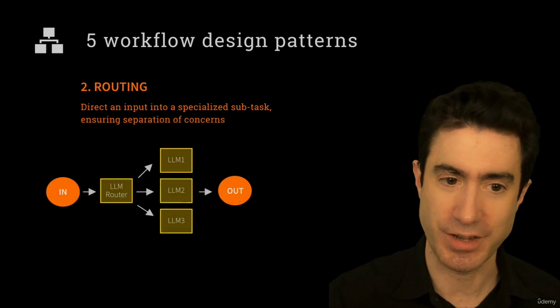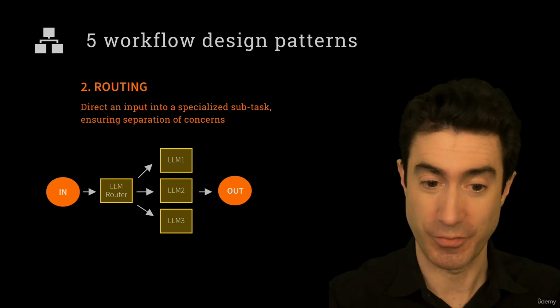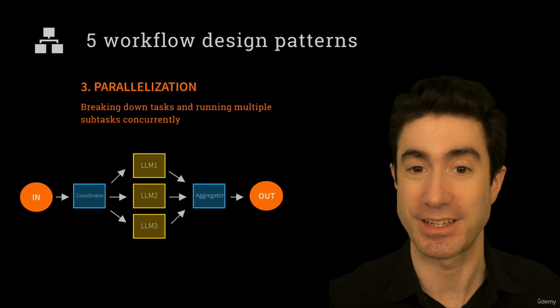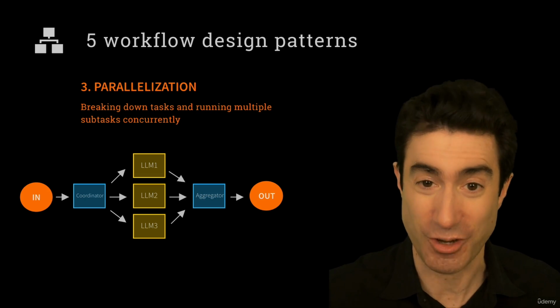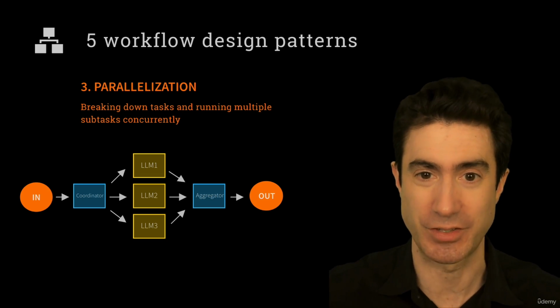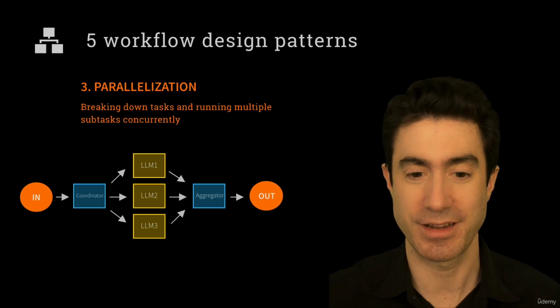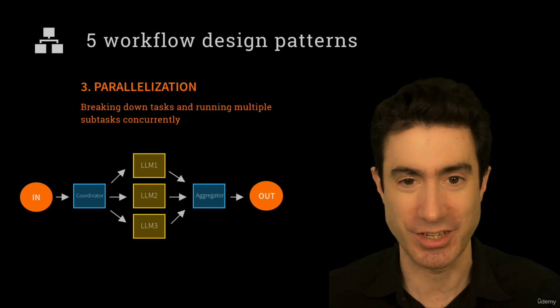So in the previous design pattern, it was an LLM doing the routing, and it was one of these three experts that was given the task. In this design pattern, it's code, let's say Python code, that's deciding what to do, how to coordinate, and in parallel, it's being sent to three LLMs to carry out three different activities concurrently. And then there's more code, maybe it's Python code, that takes those answers and stitches them together.